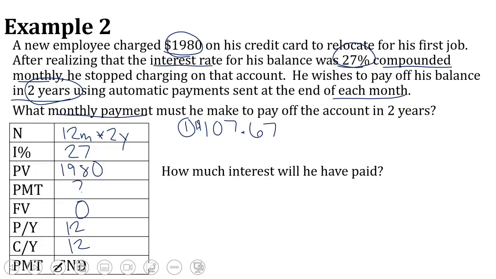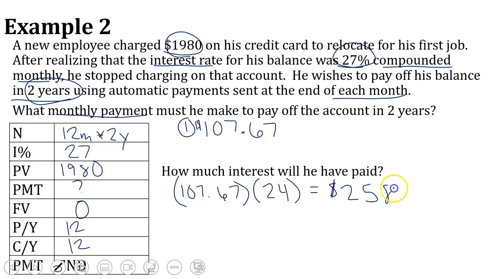So how much interest did he pay? All right, let's take our monthly payments and multiply by the 12 months over 2 years, so 12 times 2. So we made 24 payments of this. And so we paid of our own money $2,584.08.